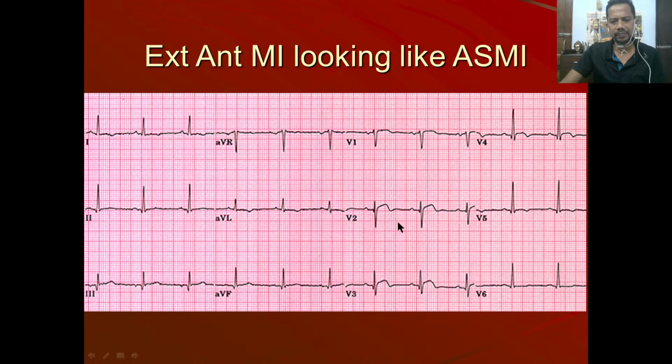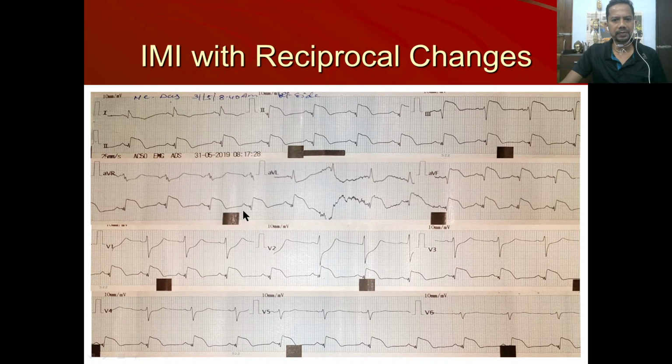It signifies a high LAD block. V3 coving, V5 T inversion, flat T, lead 1 coving, T inversion, lead AVL coving, T inversion. You have to be this smart, you have to pick up this coving, and you will save so many lives.